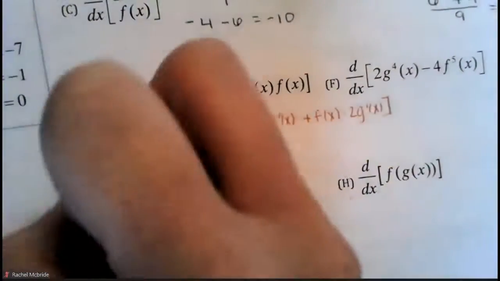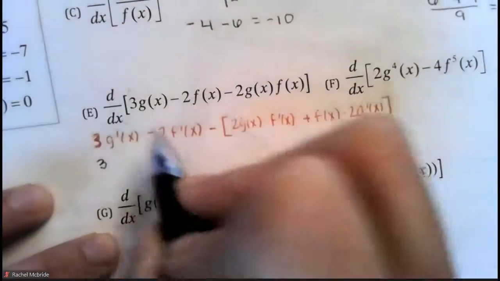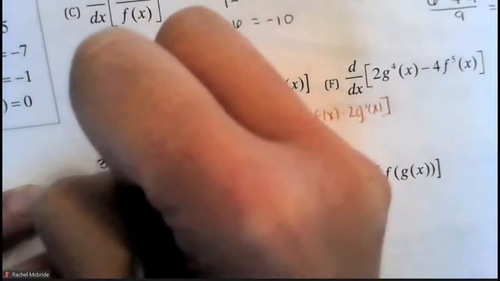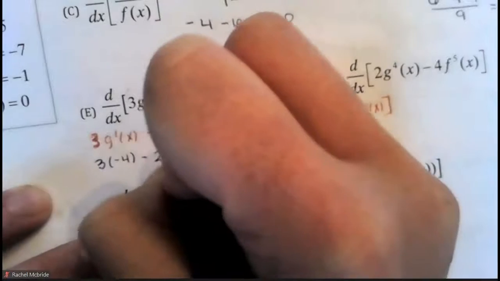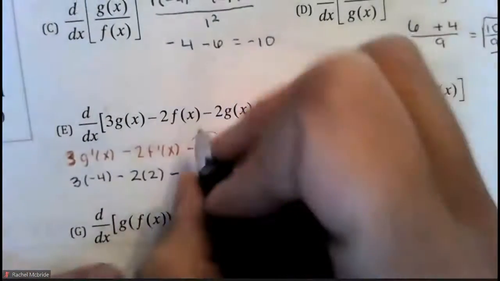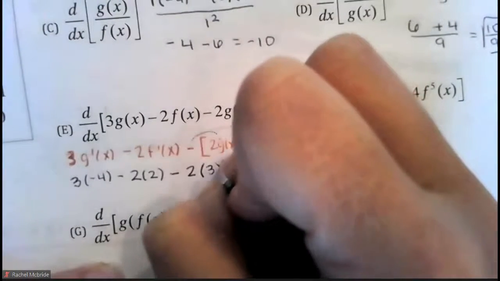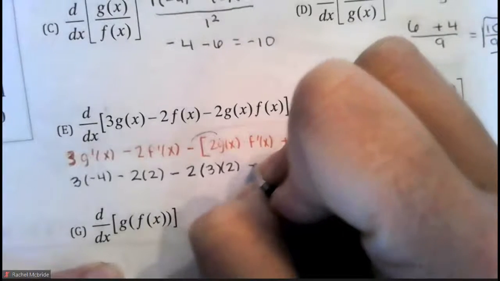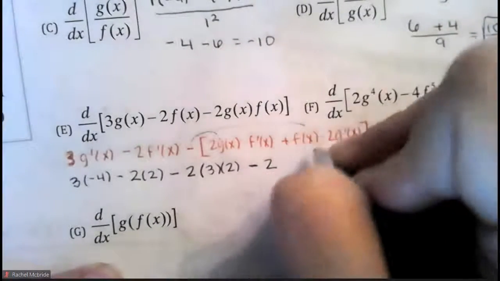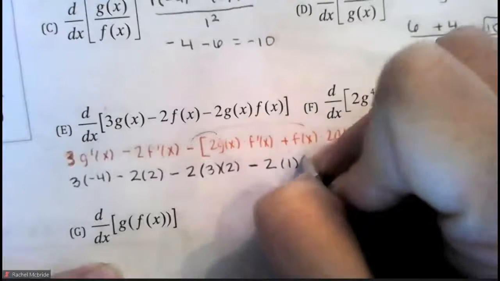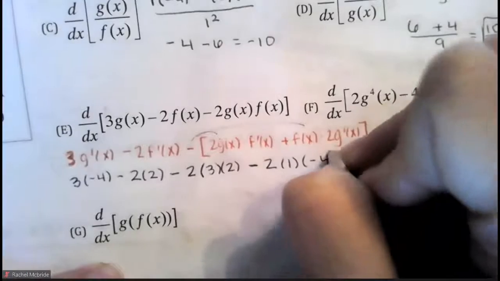Then I'm going to plug in my values. So it's 3 g prime of x, which in this case is negative 4, minus 2 times 2, minus, that negative is going to distribute to both terms. So it's 2 g of 2, which is 3, f prime 2, which is 2, minus 2 f of 2, which is 1, g prime of 2, which is negative 4.